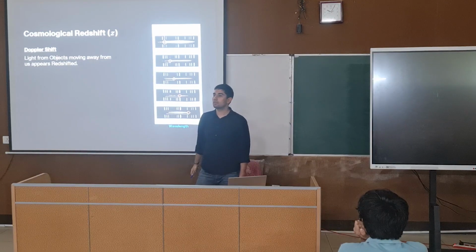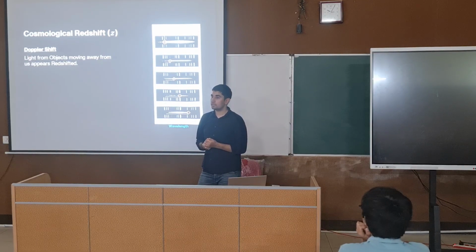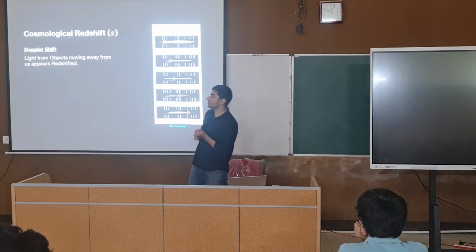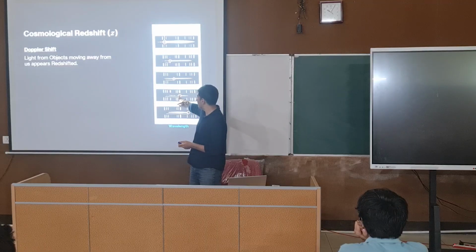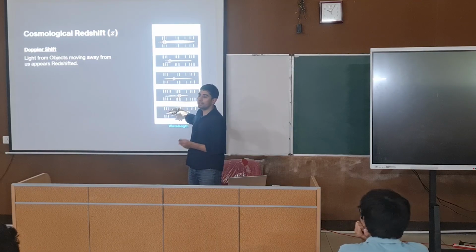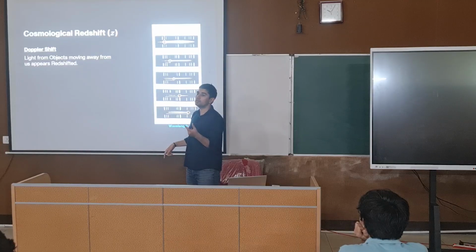How do you know how much it is redshifted? How do you calculate what light you should be receiving? That is where the astrophysics comes in. What we are measuring is the redshift in these spectral lines. These are absorption lines, let's say for a particular element, sodium.